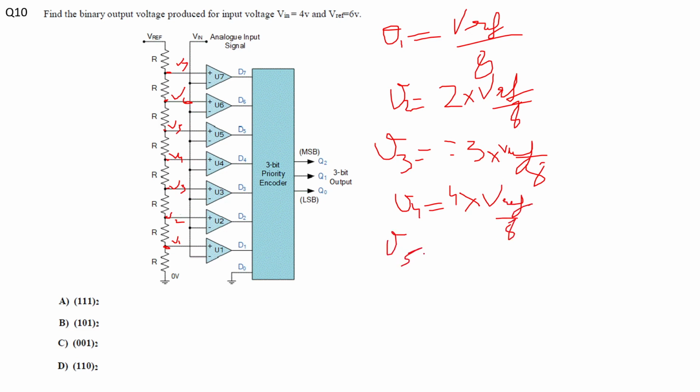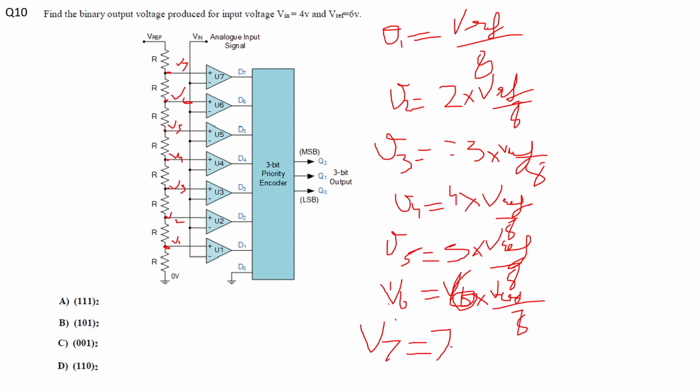Your V5 is equal to 5 times Vref by 8, and so on up to V6. Let me just write it. Only two voltages need to be written. V6 is equal to 6 times Vref by 8, and your V7 is equal to 7 times Vref by 8.